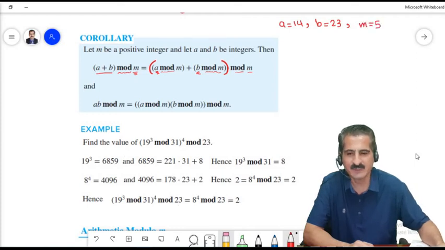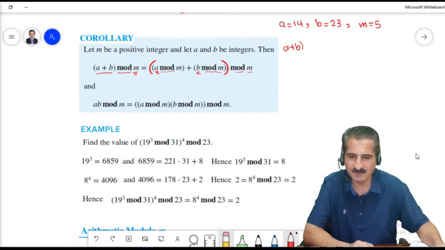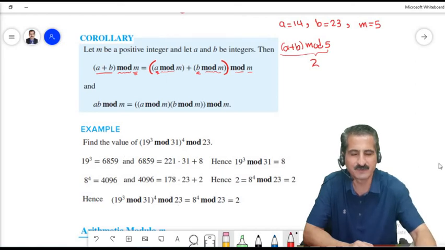Now add a plus b, which is 27, right? Take the remainder after dividing by 5. 27 divided by 5 is 5, and the remainder is 2. So this equals 2.